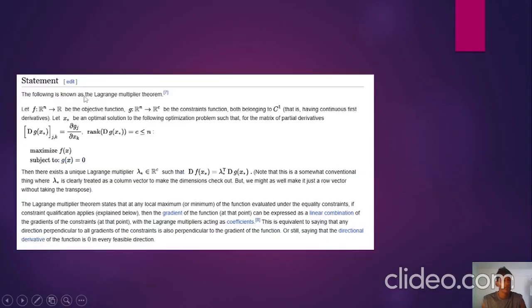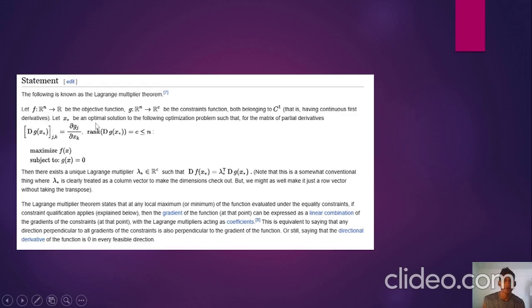The following is known as the Lagrange multiplier theorem. Let f: Rn to R be the objective function and g: Rn to Rc be the constraint function, both belonging to C1, that is, having continuous first derivatives.